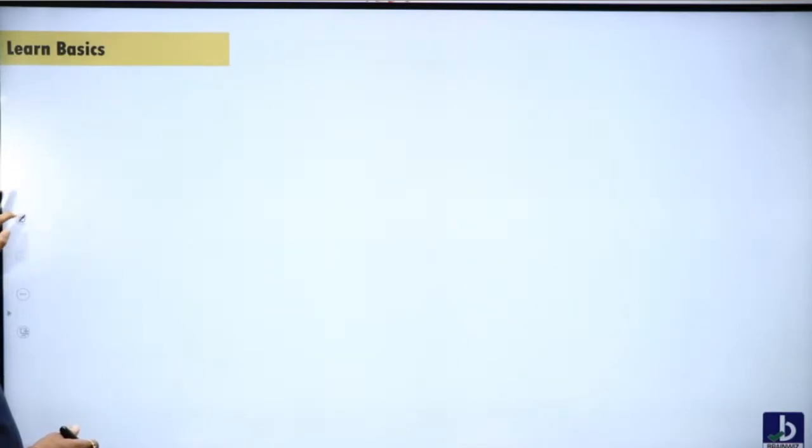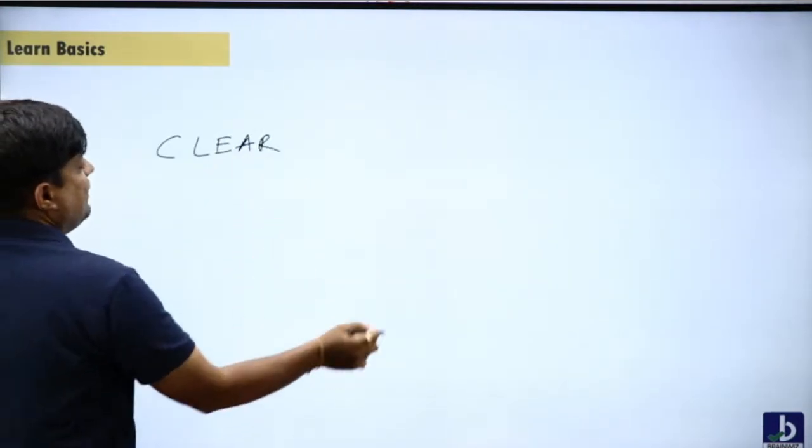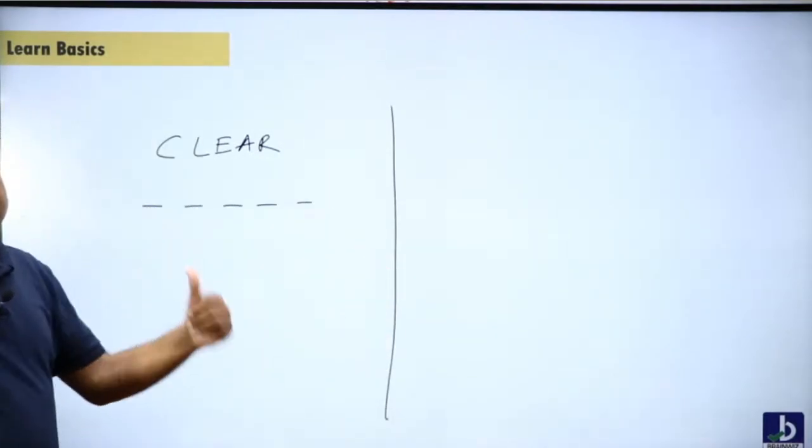Chaliye, let's try to ask you a simple question. In how many ways we can arrange the letters of the word clear? Clear. You tell me what's the answer, students.